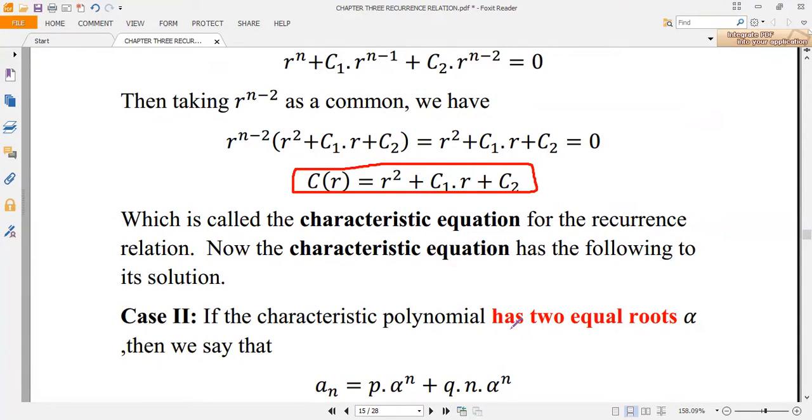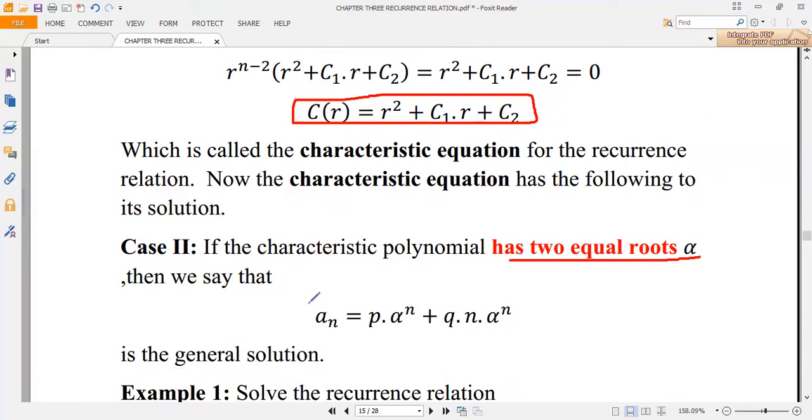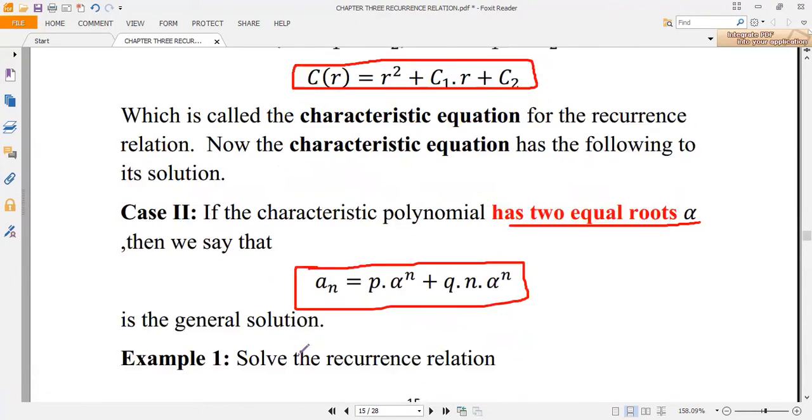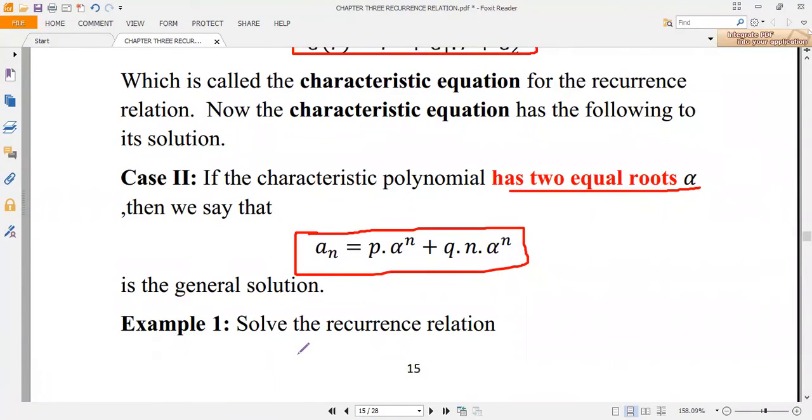When the characteristic equation has two equal roots alpha, the general solution to the recurrence relation will be an is equal to p times alpha to the power of n plus q times n times alpha to the power of n. The factor n is due to the repeated root. Let's see with an example.